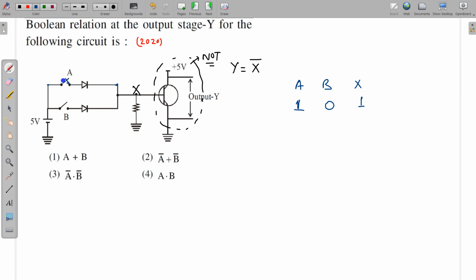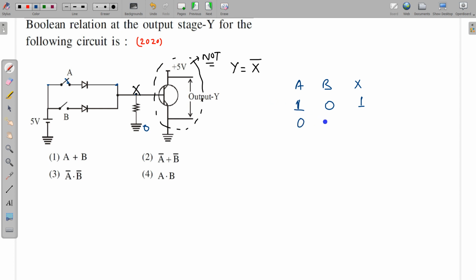So you can see if any of these two is closed, then this path will be conducting and this will become high. If these two are not closed, that means A is 0, B is 0, then there is no current here, and if this is 0, X will also become 0.